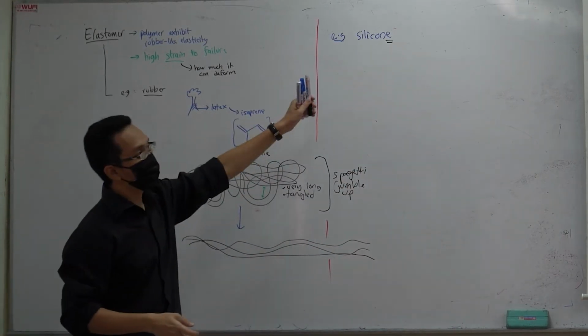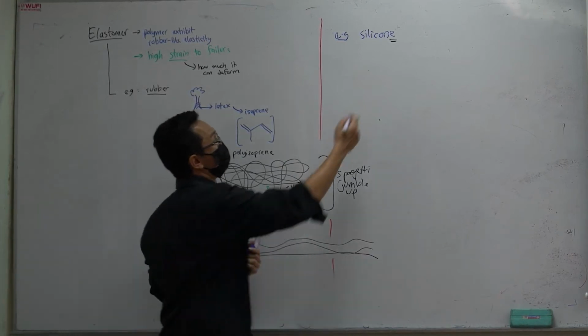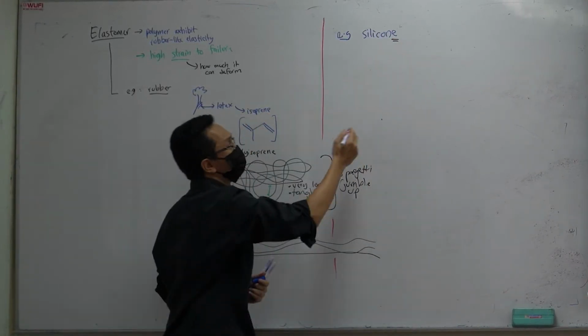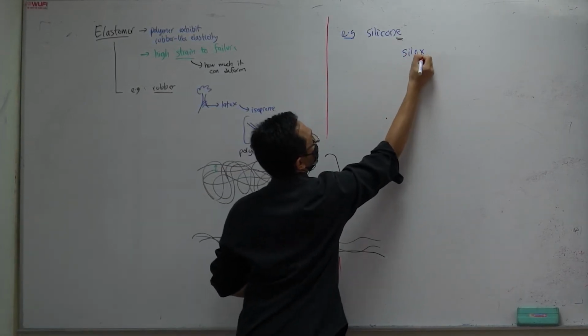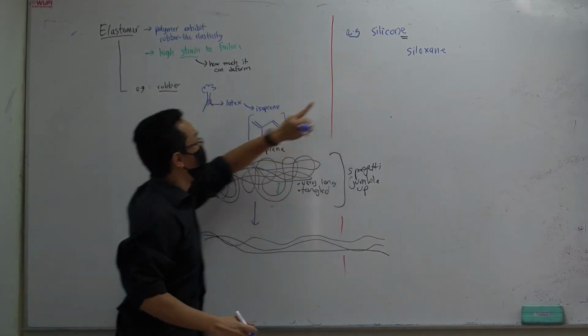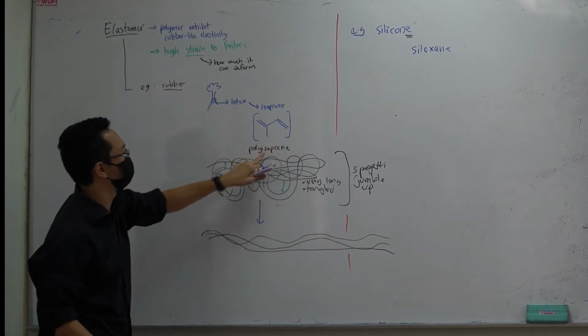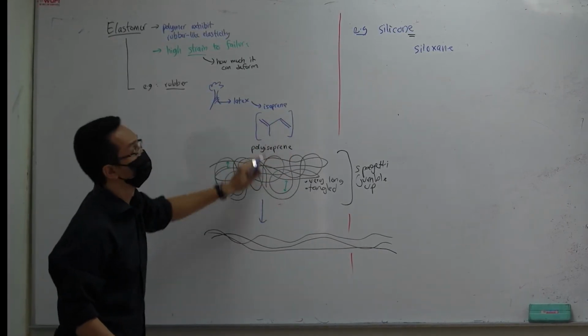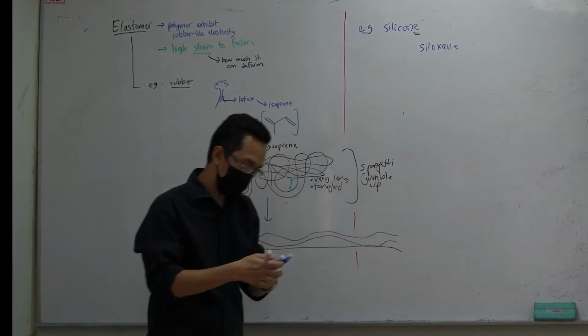It is totally different from the element silicon, because silicone is basically made up of siloxane, the monomer for silicone. For rubber, the monomer is isoprene. For silicone, the monomer is siloxane. What is siloxane?